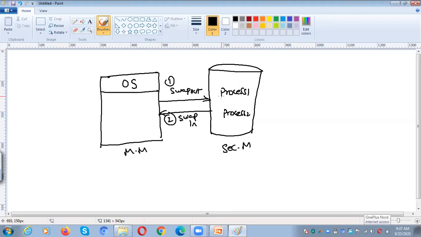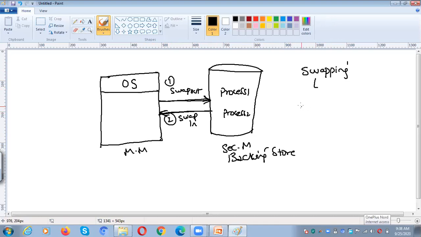Swap out means from main memory to secondary memory, or backing store. Swap in means from secondary memory, or backing store, to main memory. So the combination of swap out and swap in is called swapping.